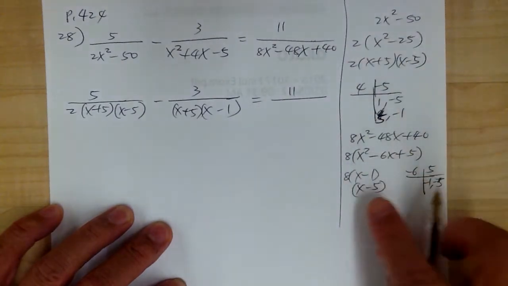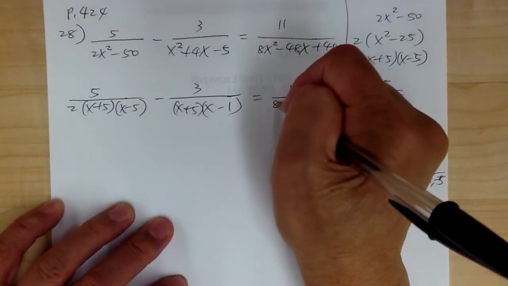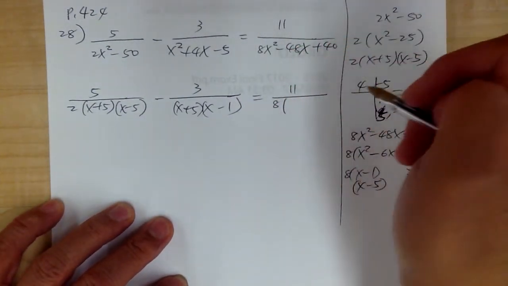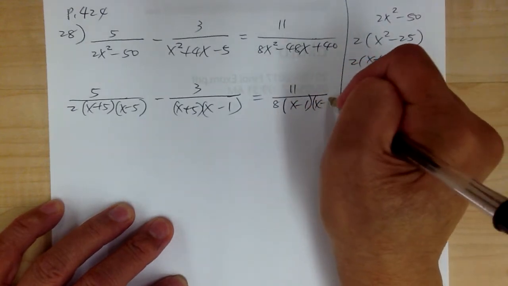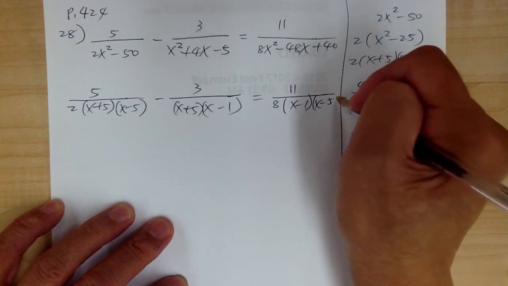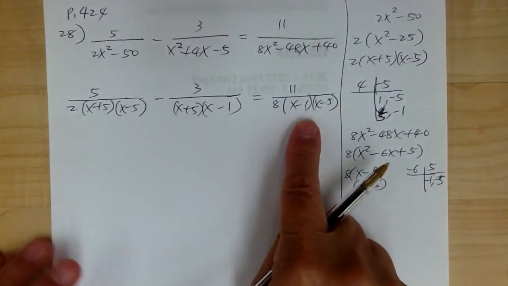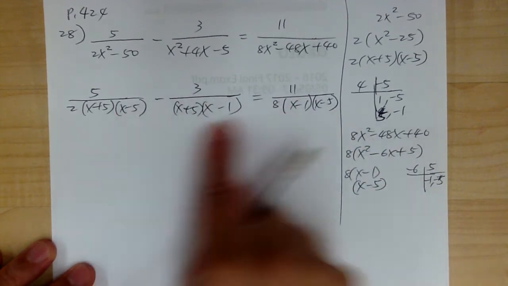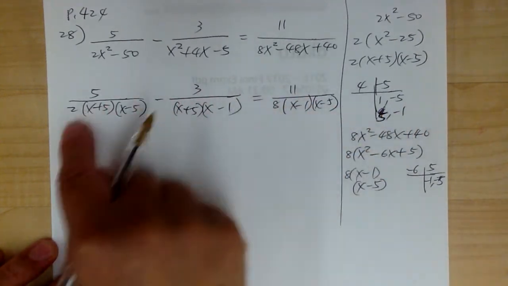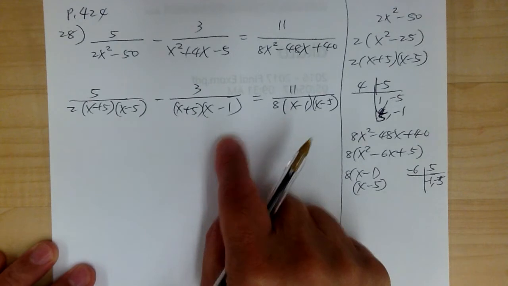Okay? So you can put this over here, so it'd be 8, and you're going to get x minus 1, x minus 5. Okay? So again, you can kind of tell if you're on the right track if they have the common things. If everything is all different, then you probably did something wrong.